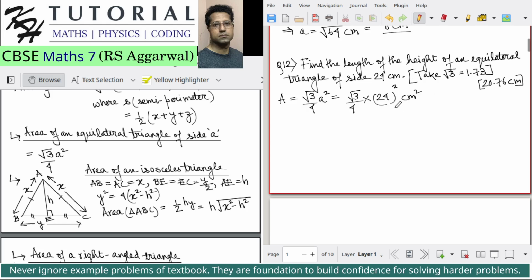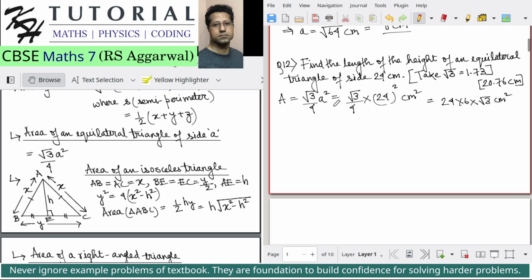Okay, so this is equal to 24 multiplied by 6 multiplied by square root of 3 centimeter square. Okay, so area is 24 multiplied by 6 multiplied by square root of 3 centimeter square.